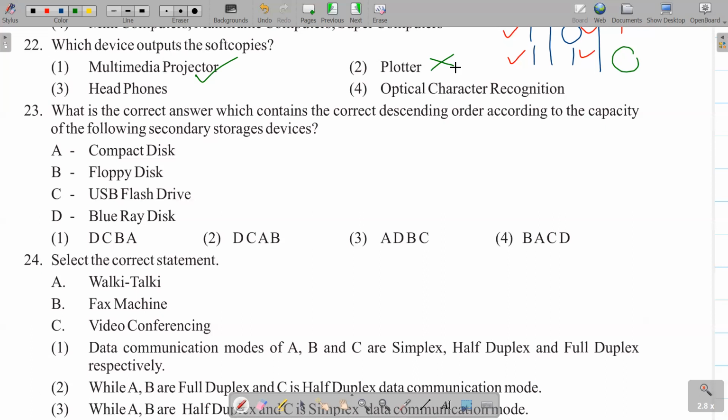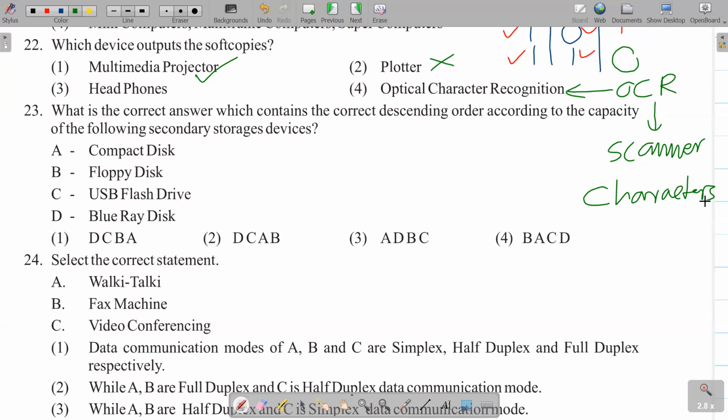And optical character recognition, this is OCR. OCR is a scanner which scans the characters, right? So if you scan, let's say, this printed paper with the OCR, it will scan character by character on that paper.